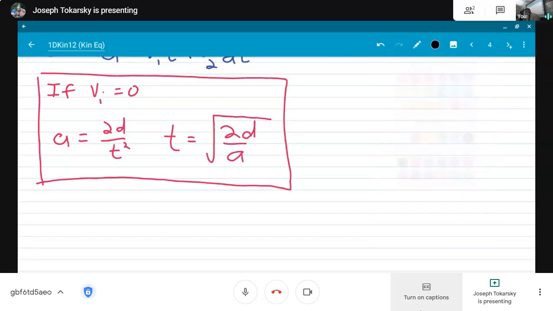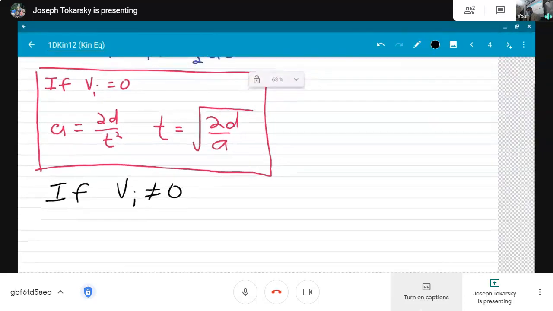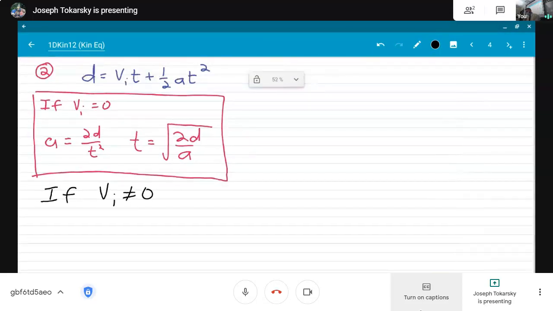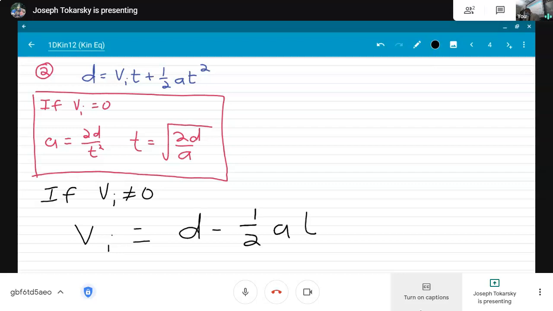Now under this, I'll say if Vi is not 0. If Vi is not equal to 0, that means it's anything else. If we have a non-zero initial velocity in a problem, then these will go for that. So we have some specific circumstance ones here. If we solve it for Vi, it's going to look, I know, a little ugly: d minus 1/2 a t squared, all divided by t.